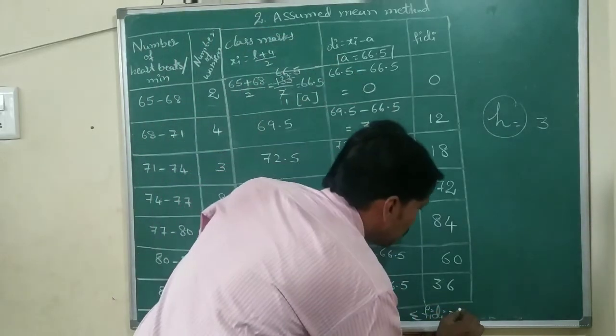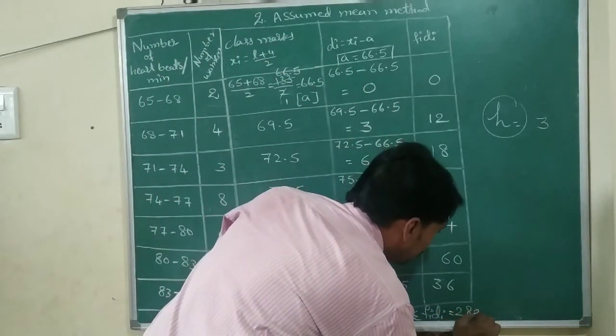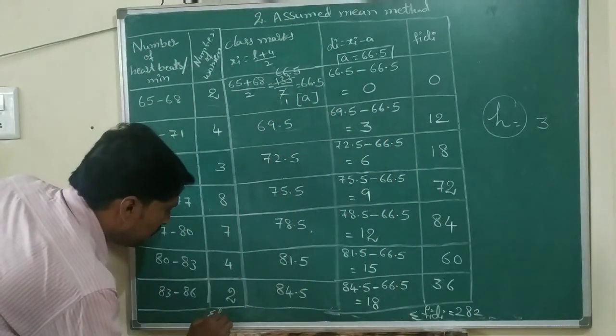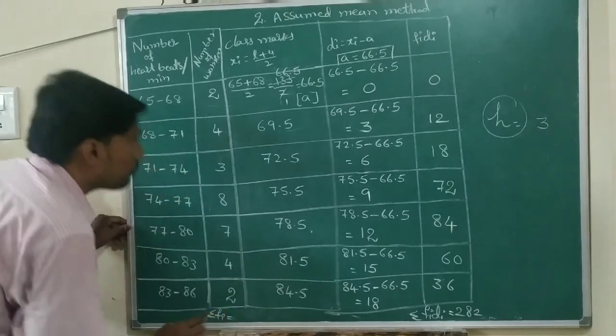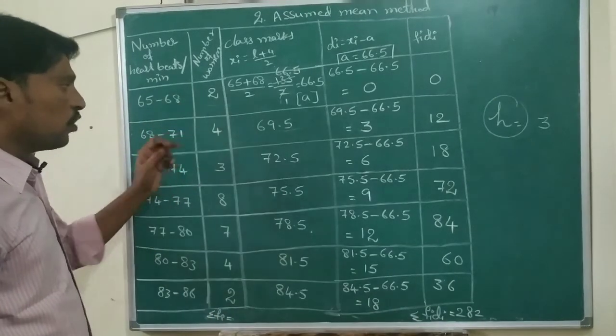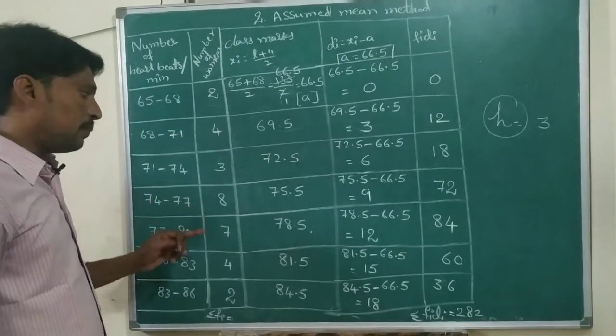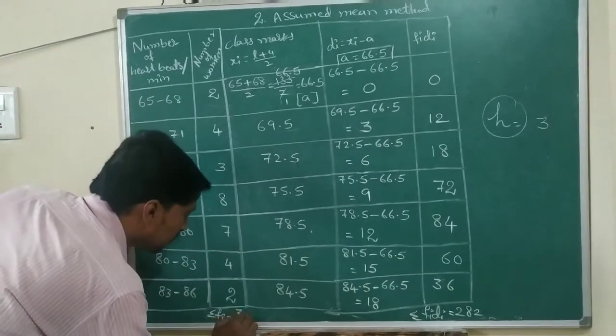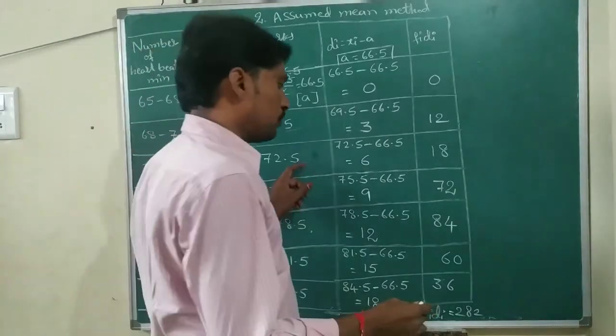Adding this, we get 282. Now we can also take sigma fi: 2 plus 4 plus 3 plus 8 plus 7 plus 4 plus 2. This value is 30.